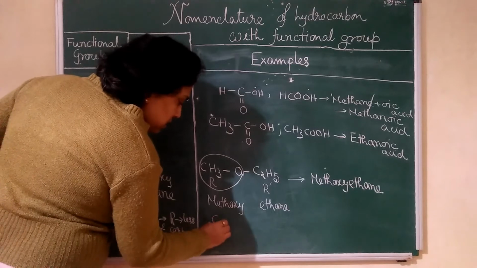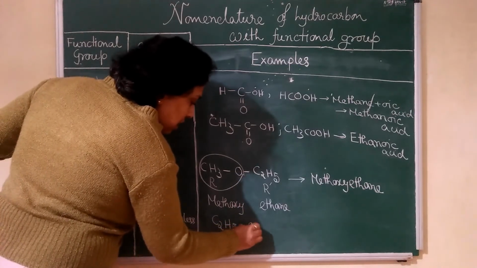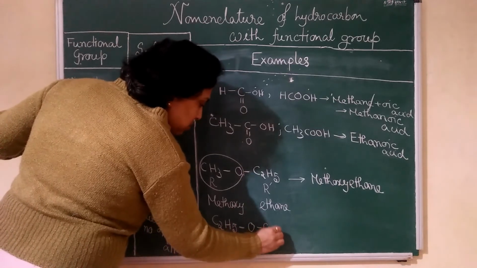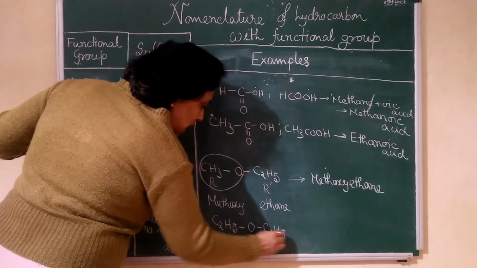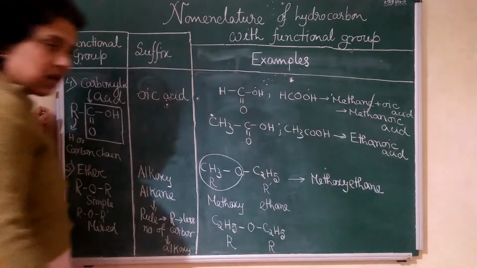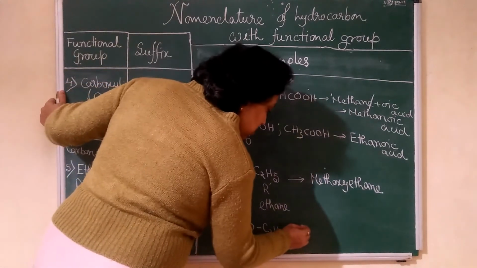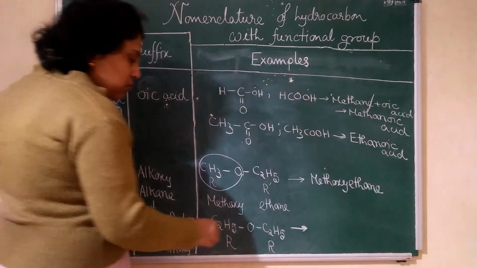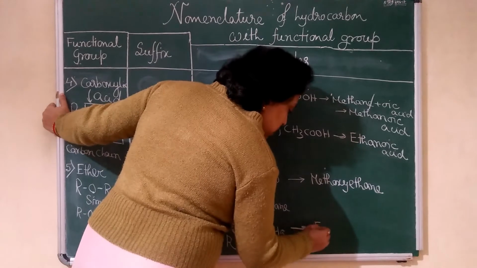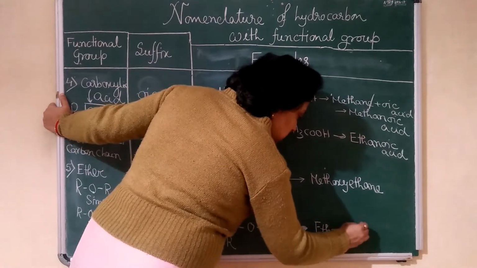If both are the same group, meaning this side also C2H5 and after O this side also C2H5, both R are the same. It is R and R, not R dash. When it is the same, you don't have to worry. One will be alkoxy, so one side it is ethoxy and the other ethane.